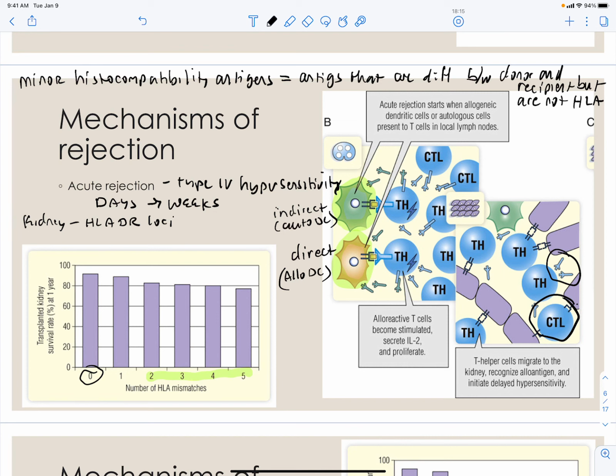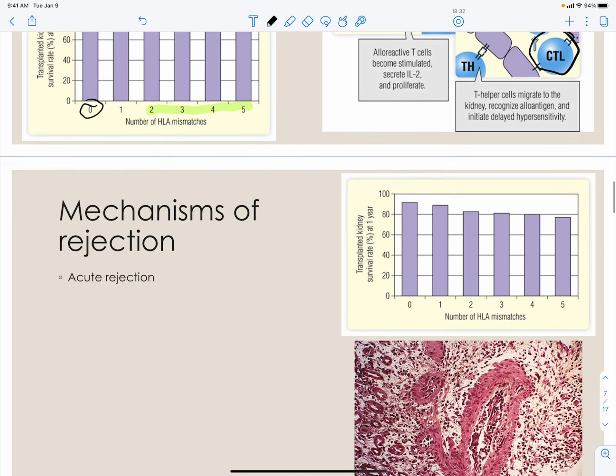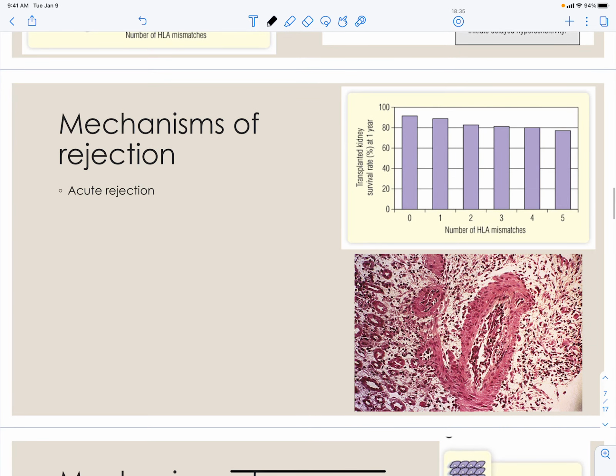The minor antigens are going to cause a rejection of about a third of all the transplants that are rejected. Acute graft rejection again is going to be where you're going to have major histocompatibility matching.